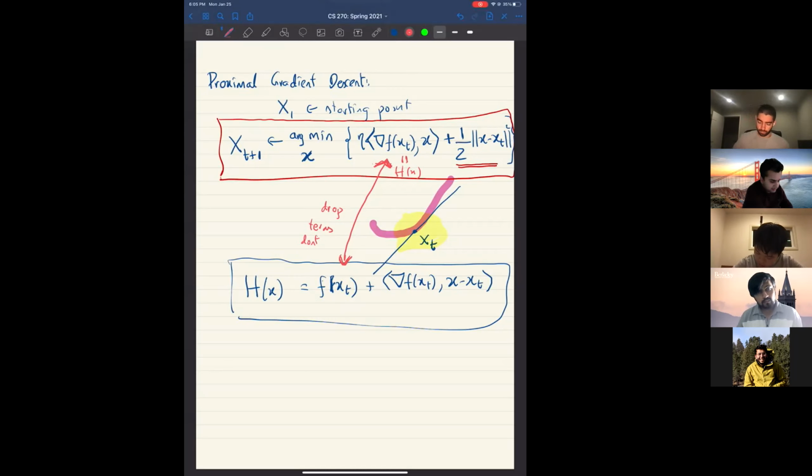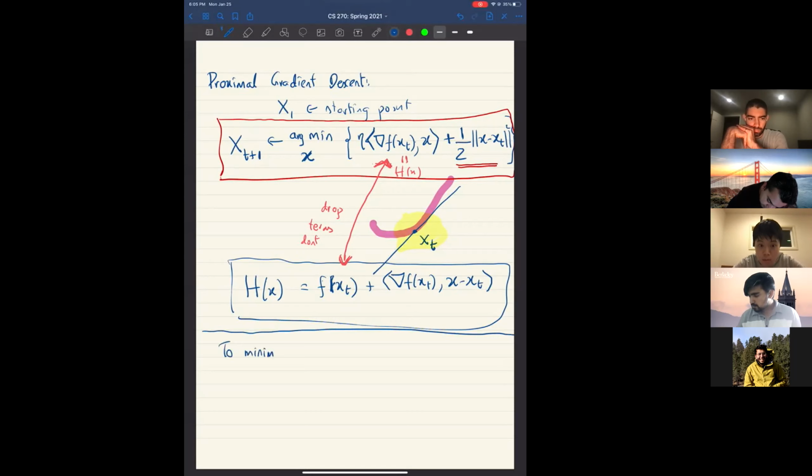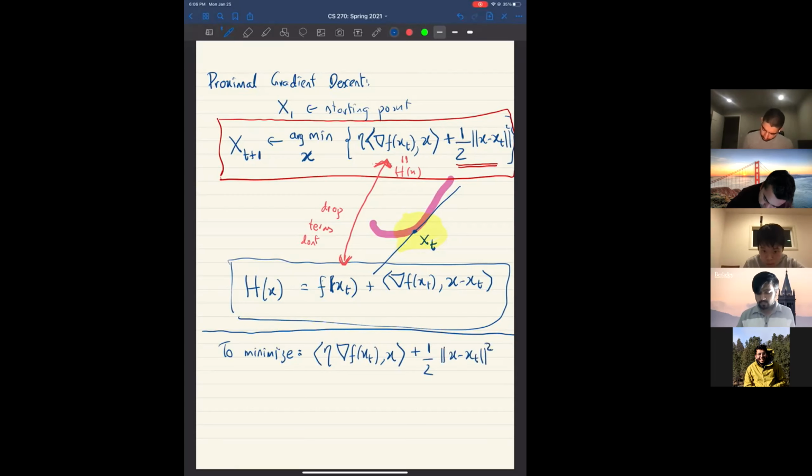And actually, this is a different way to look at gradient descent. In fact, let's just work that out. At each step I asked the algorithm to minimize this function, which is eta times the gradient f of xt inner product x plus half norm x minus xt whole squared.